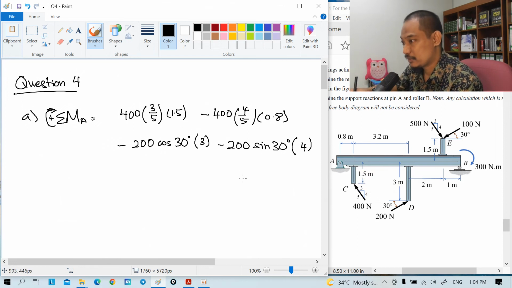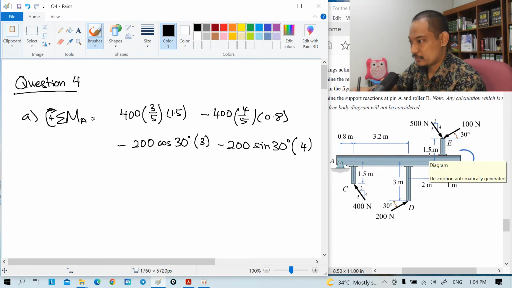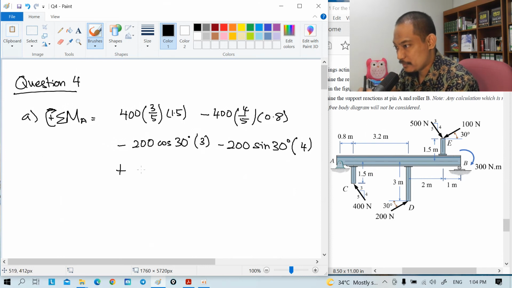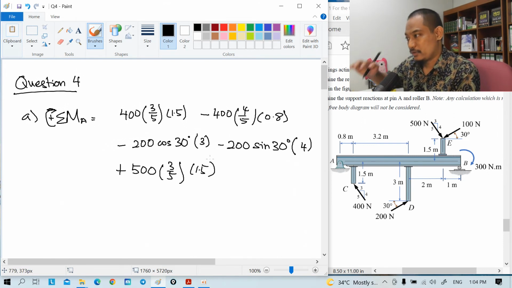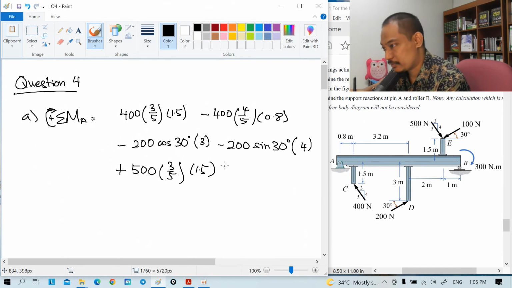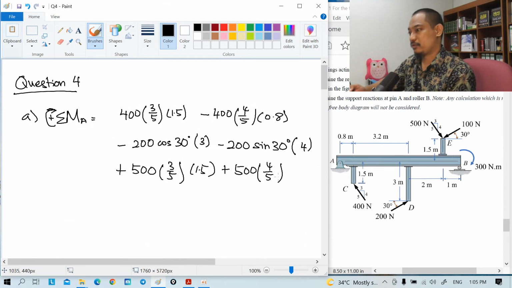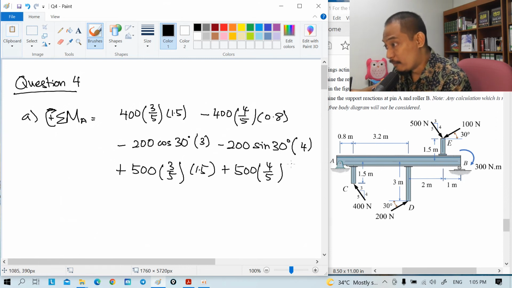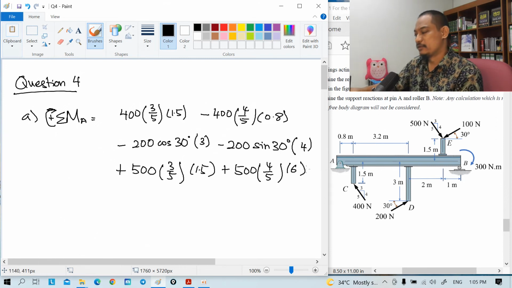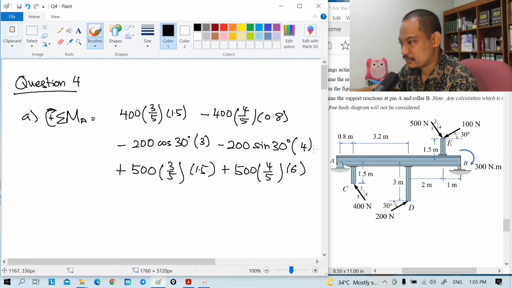And then the 500 one, the horizontal one becomes positive 500 times 3 over 5 times 1.5, and then vertical downwards, plus 500 times 4 over 5 times 6.